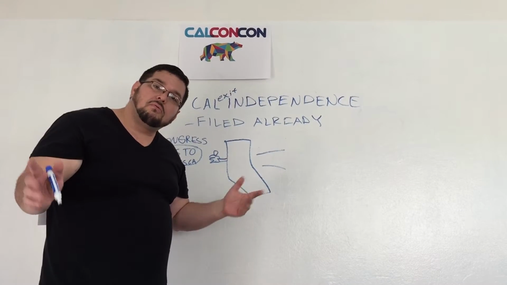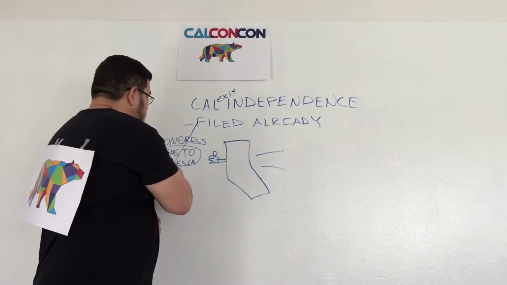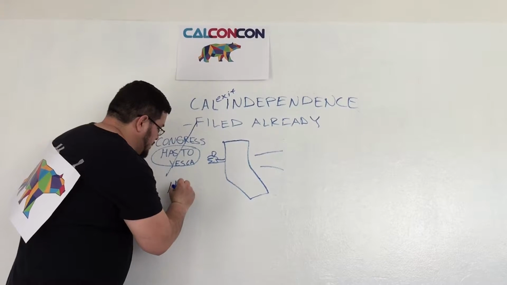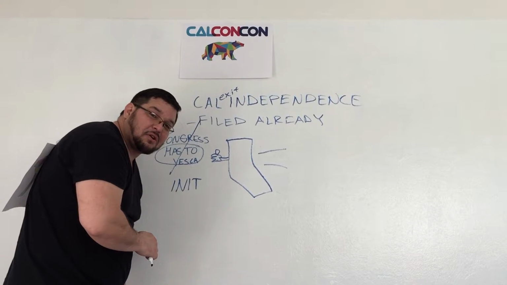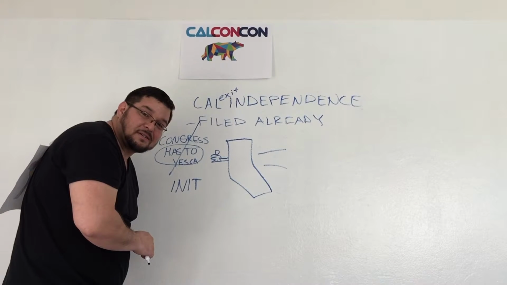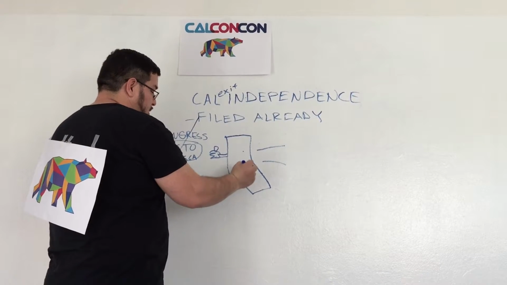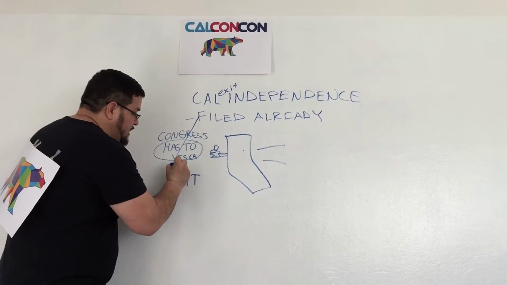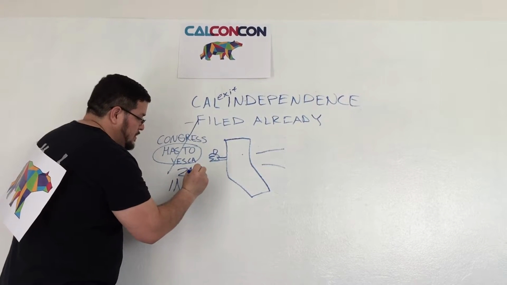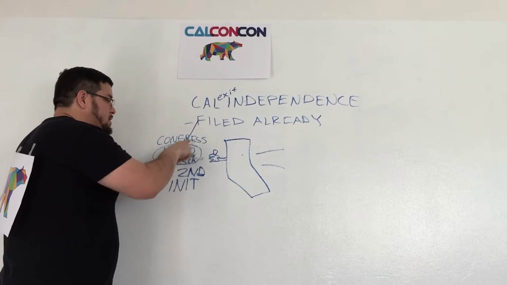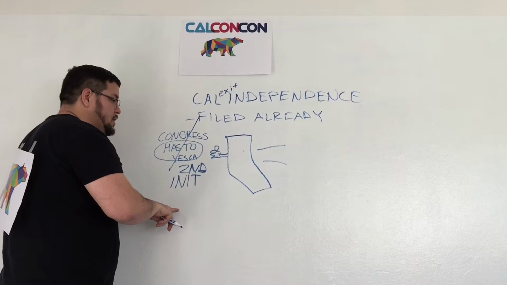Well, what if you didn't have to have the Congress say yes? Because someone wrote another initiative that changed the American Constitution to allow for a clear, simple path to secession. Then, once California votes for independence, this second initiative can take the place of having Congress approve, and it's already outlined the things that California needs to do.